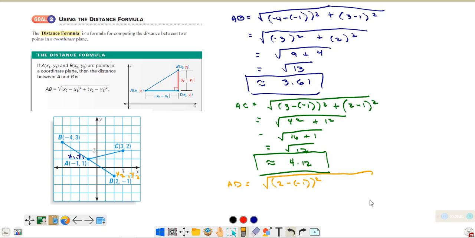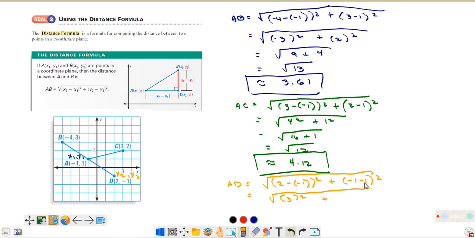And then you have to square it. Plus y sub 2, which is negative 1. And then y sub 1, which is 1. And then square it. After that, simplify. 2 minus negative 1, magiging 2 plus 1 tayo. So, 3 squared.